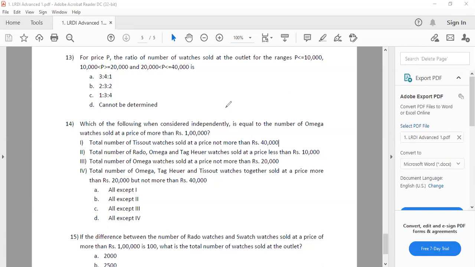Did you understand what I'm telling you to do? So 124 total. 124, everyone? How much did you get? Tissot not more than 40,000.